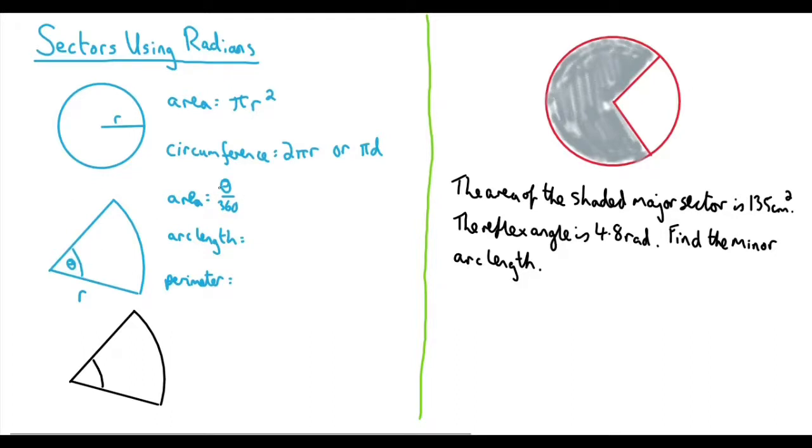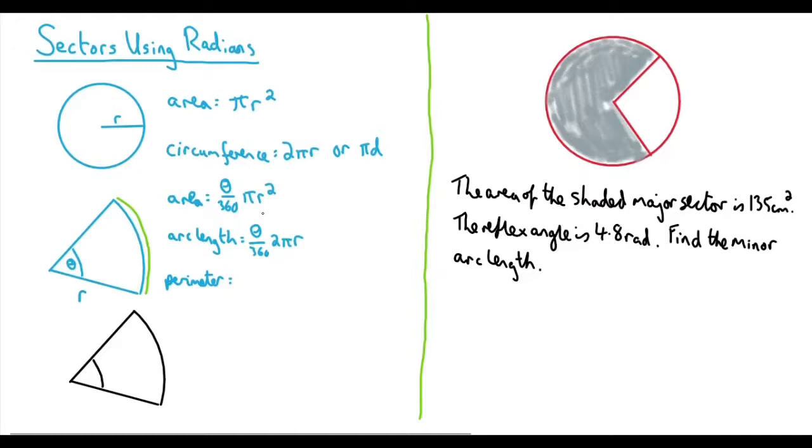So it'll be this fraction, theta over 360, lots of the usual pi r squared. As for the arc length, this being this curve on the outside, the fraction of the circumference, this again would be theta over 360, and then lots of the 2 pi r, that fraction of the full circumference.